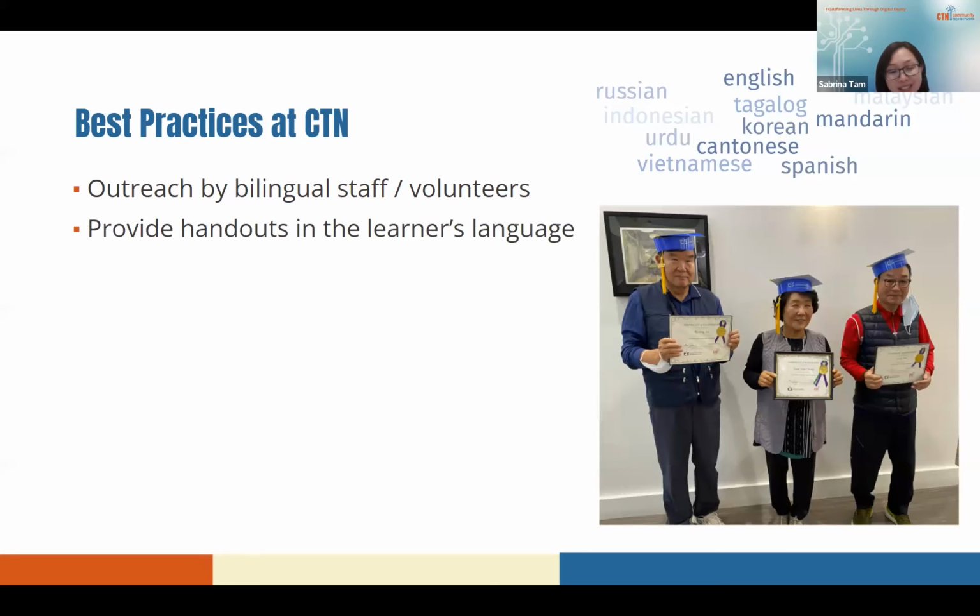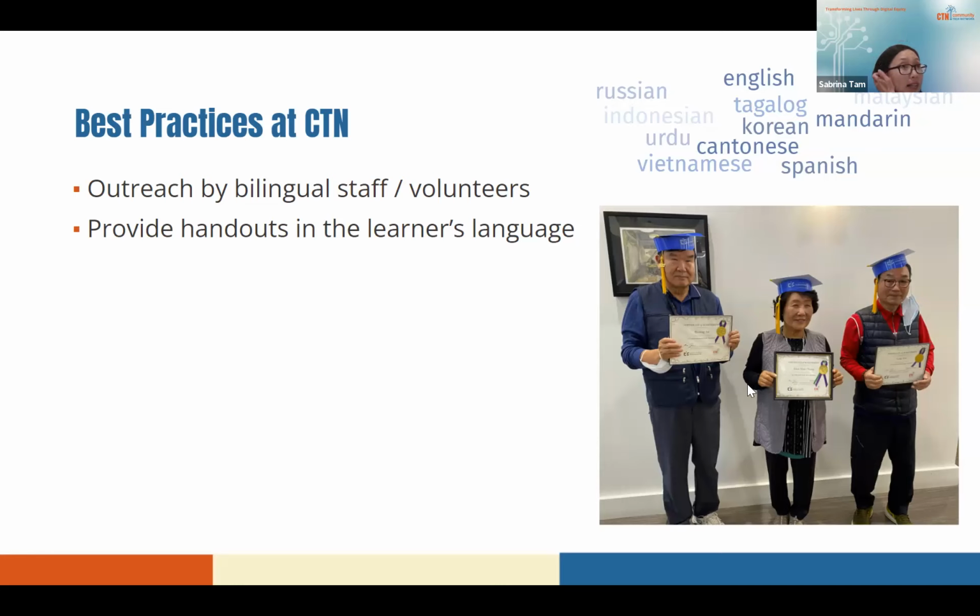Provide handouts in the learner's language. Obviously, you want to make sure that you include the training language. You use the language materials in the learner's language so that they can understand it. And so therefore, you want to make sure you include the budget to translate the materials by a human, not Google Translate.